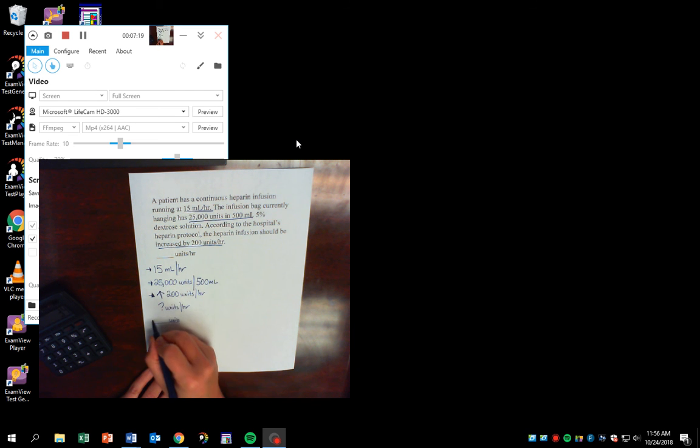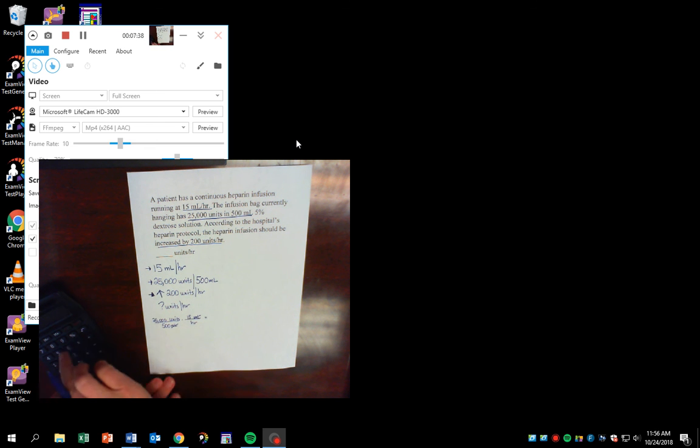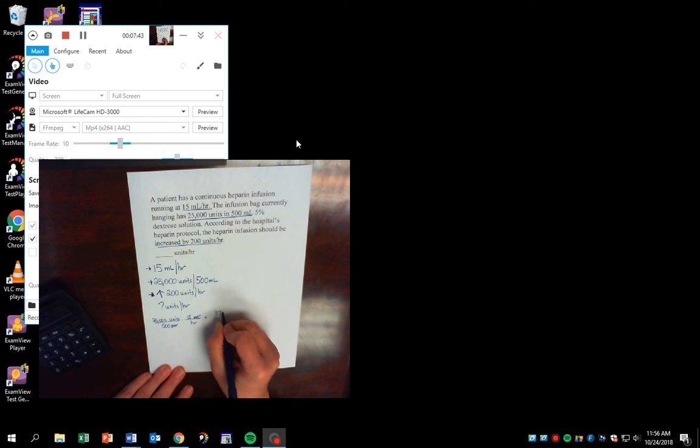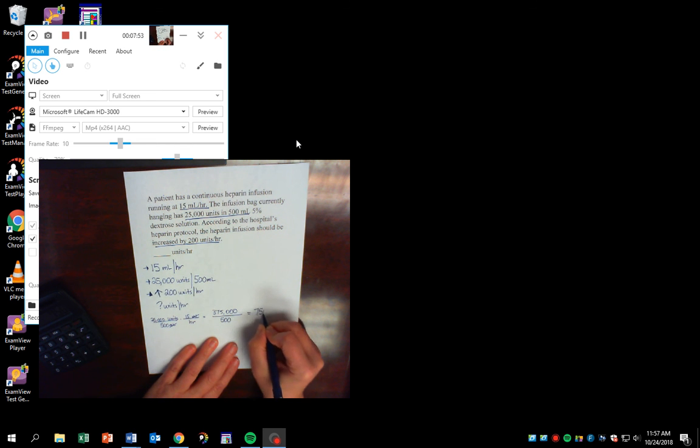So in this case, we're going to use our 25,000 units per 500 milliliters. And then if that's milliliters, milliliters has to come next, and then we're going to plug in our 15 milliliters per hour. And then our milliliters would cancel out. So then we have 25,000 times 15 gives us 375,000 over 500 gives us 750 units per hour.